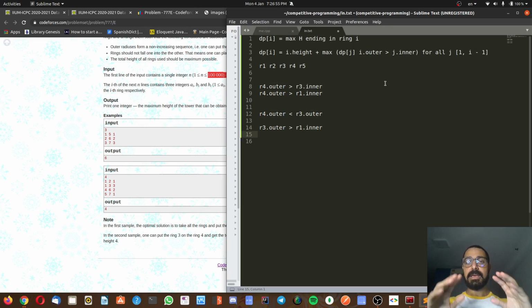Again, if R4 can be placed on top of R3 and R1, I'm only interested in R3, because this implies it has to be valid to stack R3 on top of R1. So for every ring, I'm only interested in the first element to the left that it can be stacked on, and that's the only value we will consider.